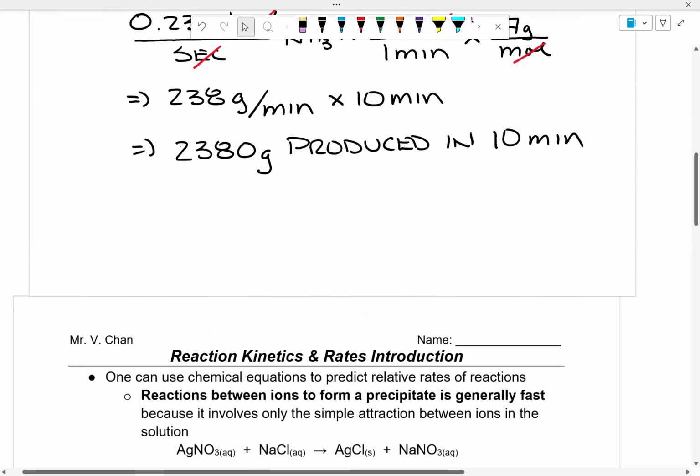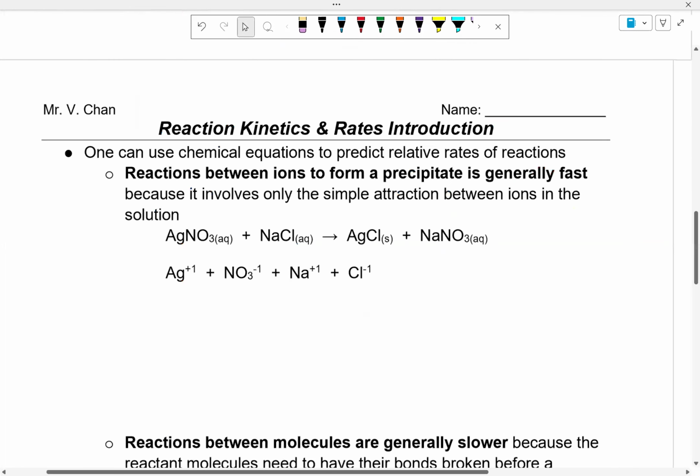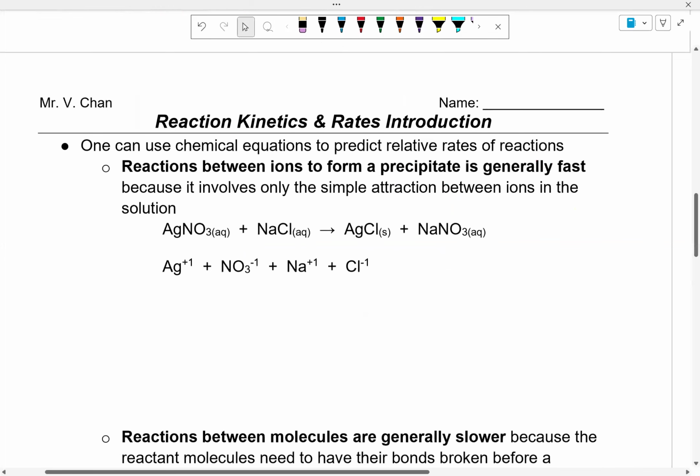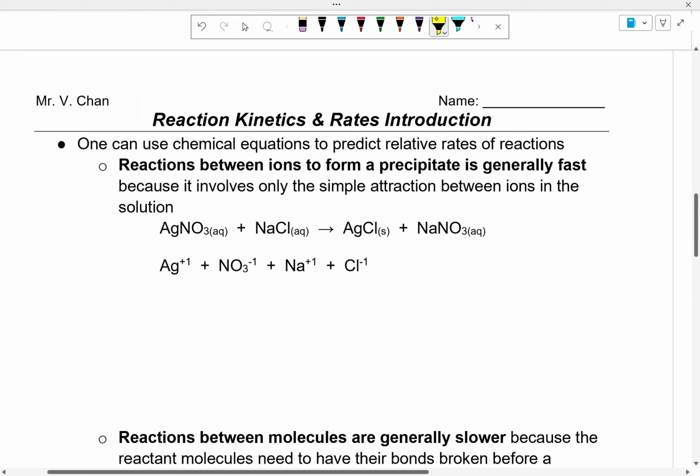Now, when we talk about reaction rates, one can use chemical equations to predict the relative rates of reactions. When you take a look at this, the reaction between ions to form precipitates is generally fast. Why? Because it involves only the simple attraction between ions in the solution.